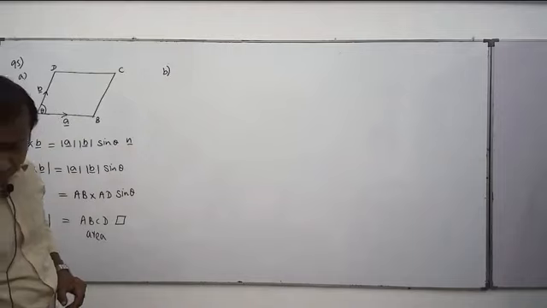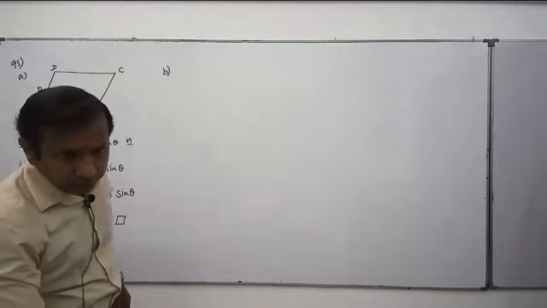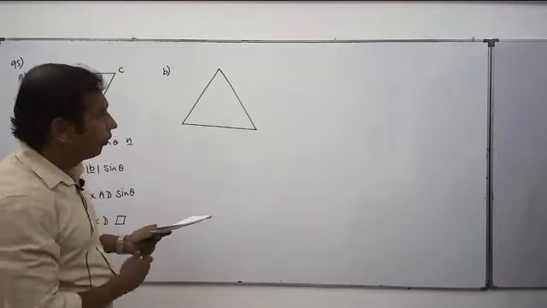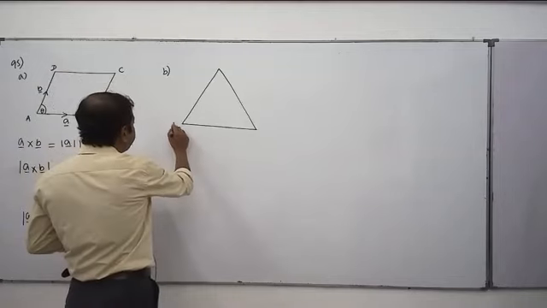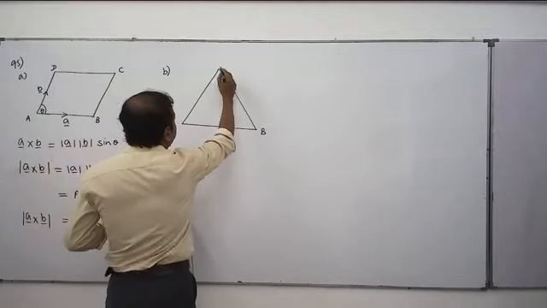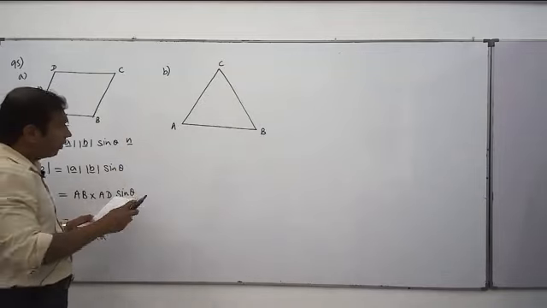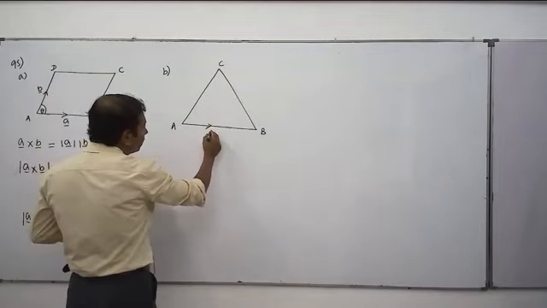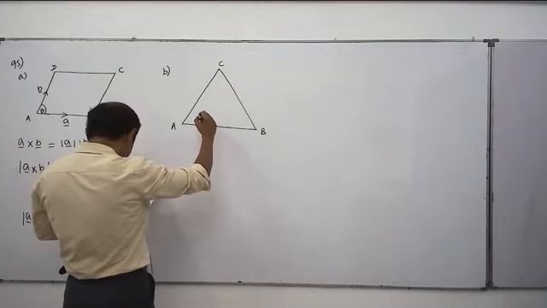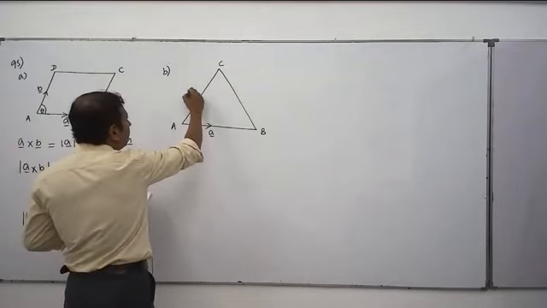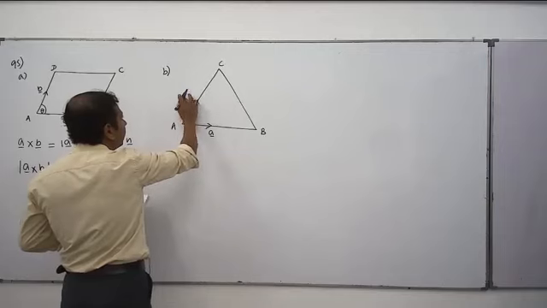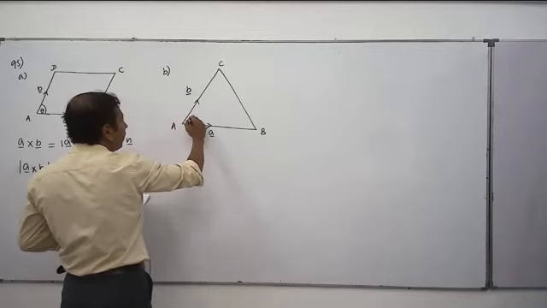Try this part B. ABC is a triangle, right? Its AB vector is given to be simply A vector, and AC vector is simply B vector. Let this angle be theta.